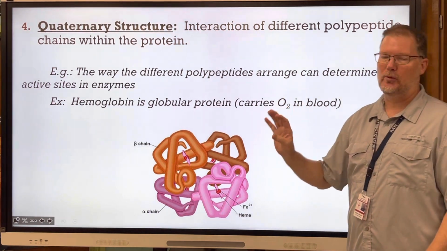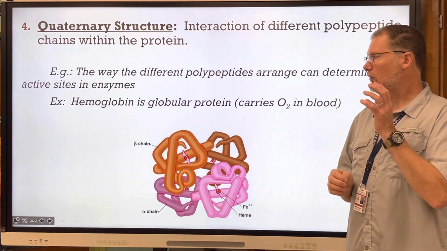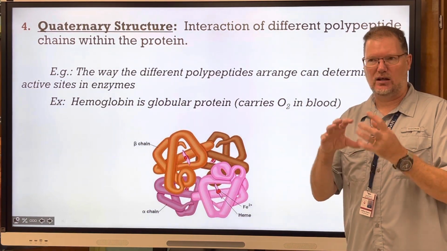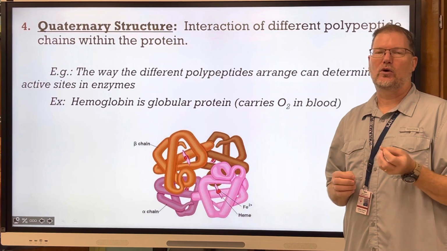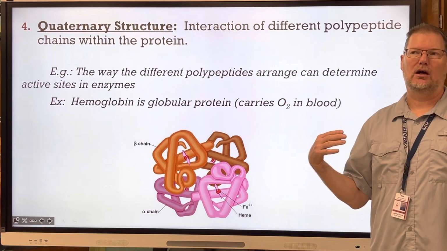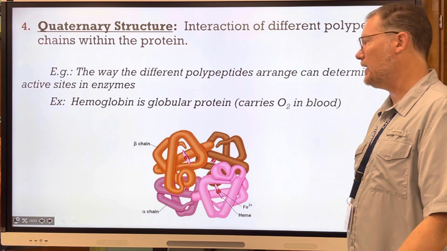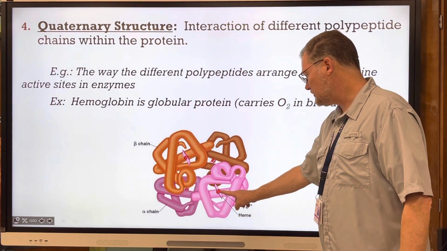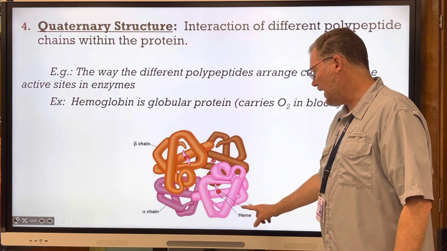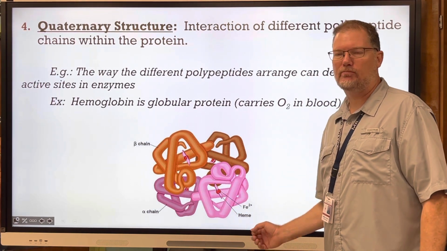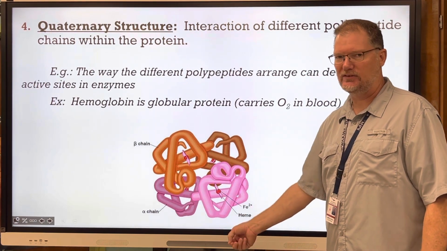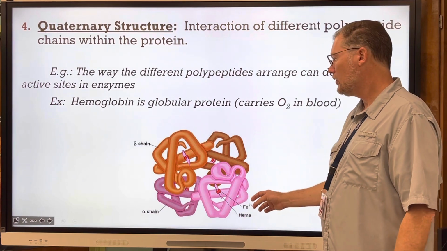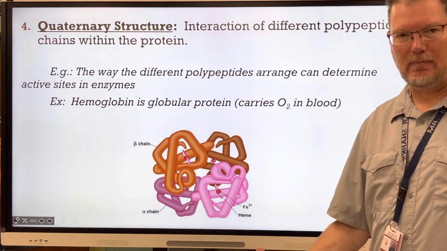So hemoglobin is a globular protein, like a glob, and it's very important in your blood for carrying oxygen around your body, okay? So iron is there, and that's what the oxygen binds to in the blood cell. And the shape makes it possible.